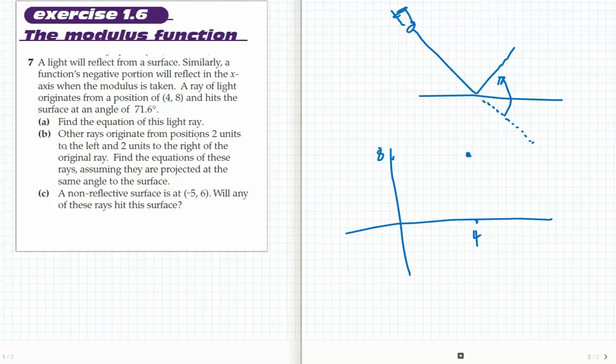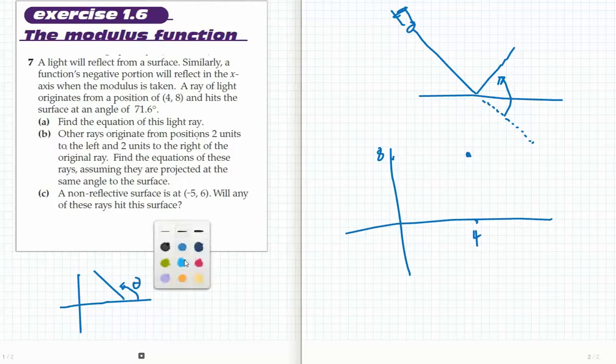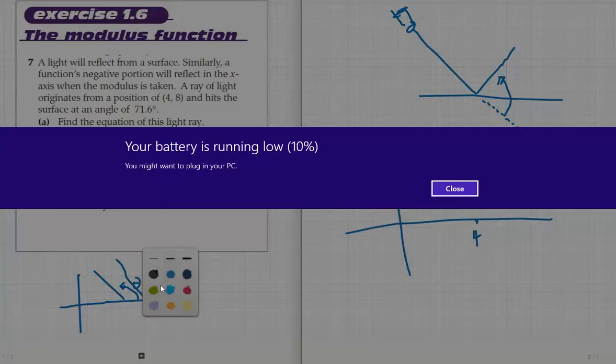and hits the surface at an angle of 71.6 degrees. Now, let's think about that. If it went like that, this would be my angle theta, measured away from the x-axis in the positive, which is anti-clockwise, but that's greater than 90 degrees. So my torch must be going in that direction so that it hits at an angle of 71.6.